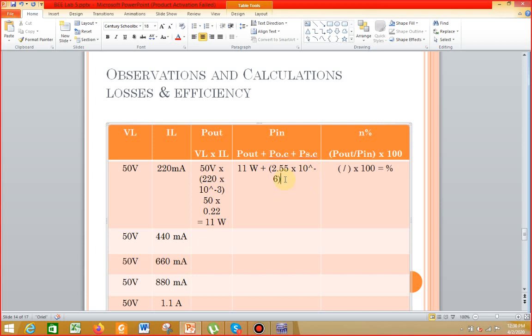Then we have to add this power again with the short circuit loss.